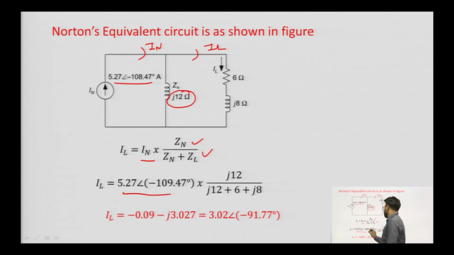IN we have calculated as 5.27 at an angle of minus 109.47 degree. Zn is j12, then j12 plus 6 plus j8, and we will get the value of load current as this one in rectangular coordinates, and then this one we have the value of current in polar coordinates. The unit will be ampere.